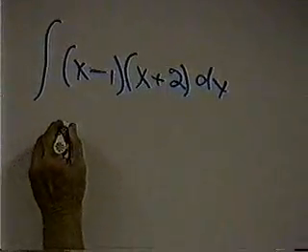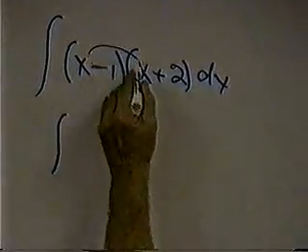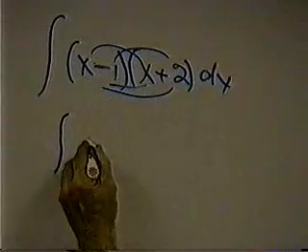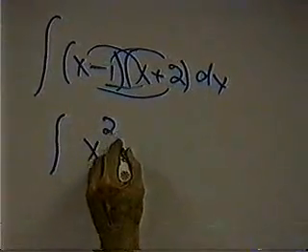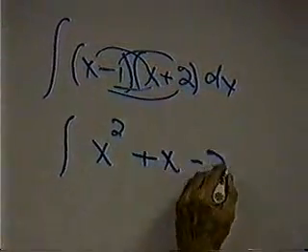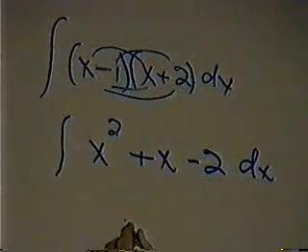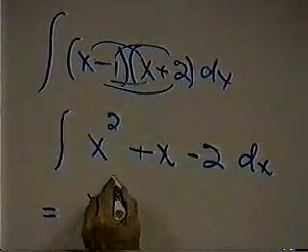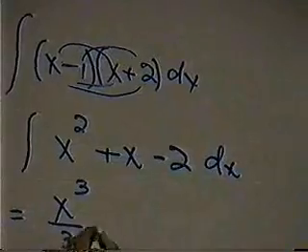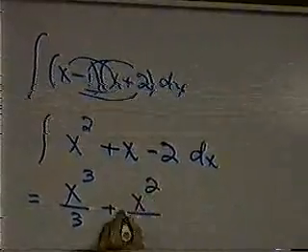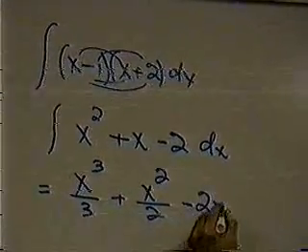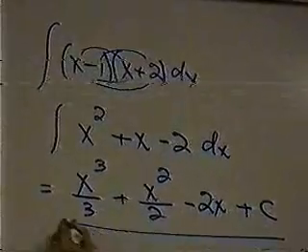So what we're going to do here is take this and do multiplication, so that's now x squared plus x minus 2 dx. And now we integrate with the power rule, x cubed over 3 plus x squared over 2 minus 2x plus c.